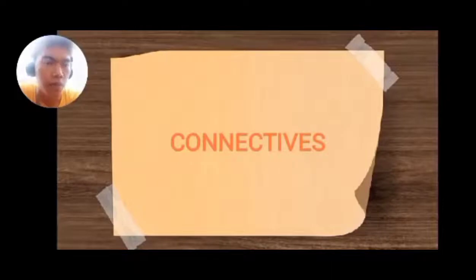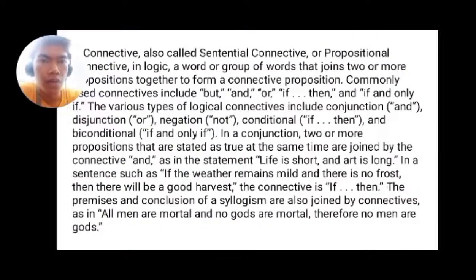So, yun po. So first is the connectives. Connectives, also called sentential connective or propositional connective, in logic, is a word or group of words that joins two or more propositions together to form a compound proposition.